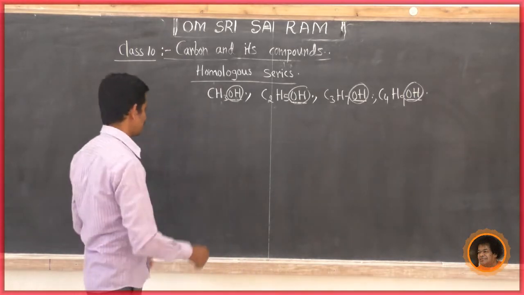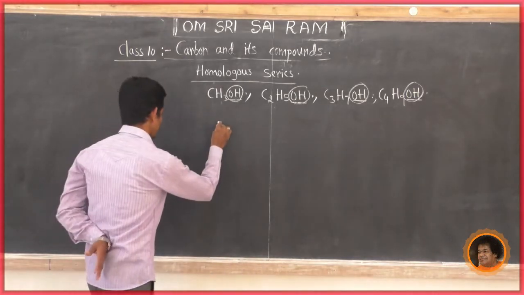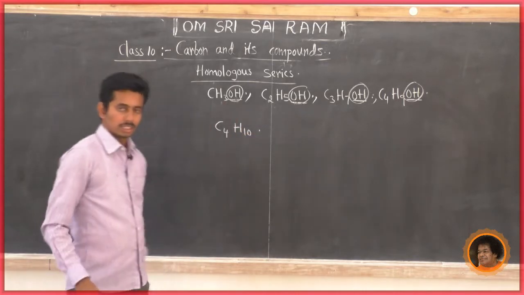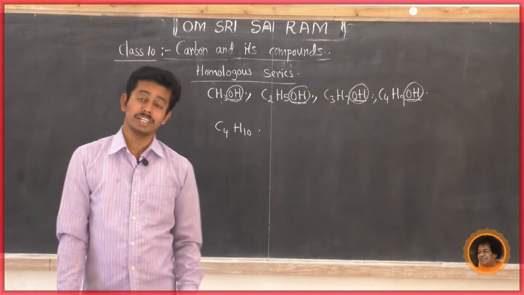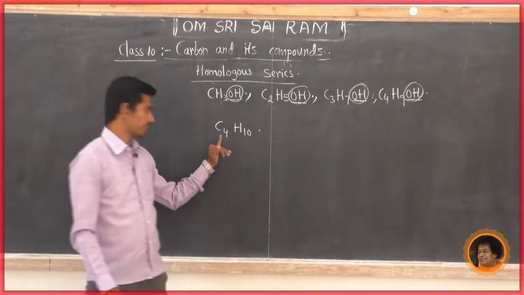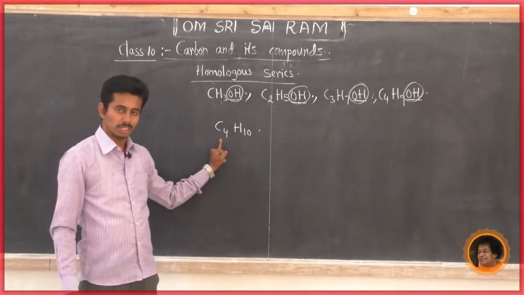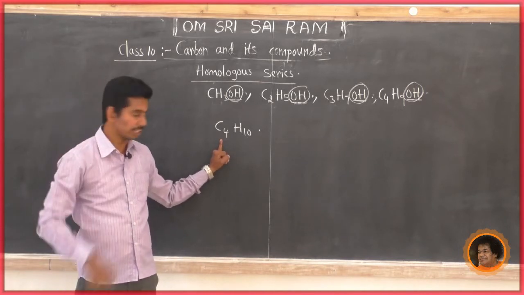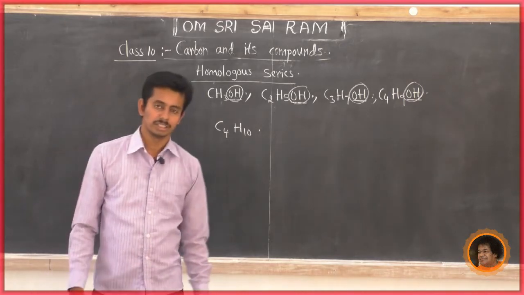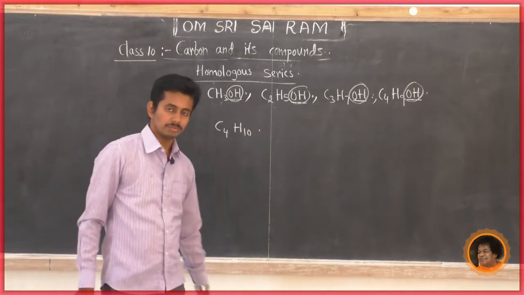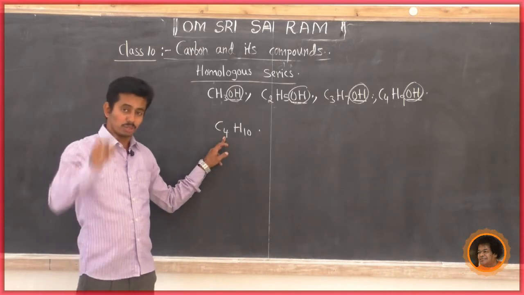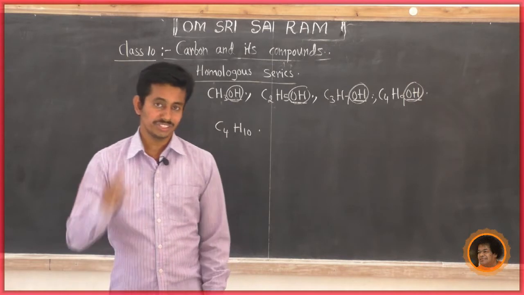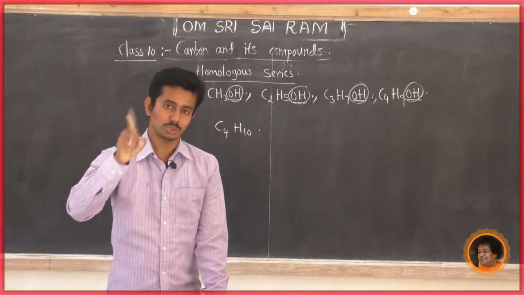Now, another condition for a homologous series. Just look at this. C4H10. We already studied different alkanes, alkenes and alkynes. Just tell me, what is the name of this alkane? Why is it an alkane? Why is it not an alkene or an alkyne? It is an alkane because the general molecular formula of alkane is CnH2n+2.